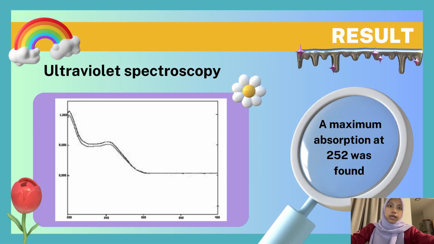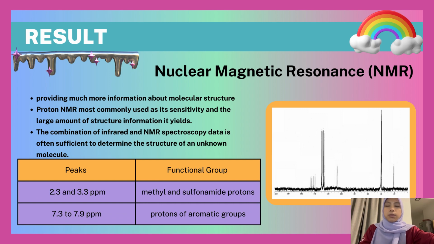Next are the results after these studies using ultraviolet spectroscopy, NMR and IR. From the ultraviolet spectroscopy studies, they found a maximum absorption of celecoxib at 252. Meanwhile, NMR provided much more information about molecular structure, and proton NMR is most commonly used as it's sensitive and a large amount of structural information is available.